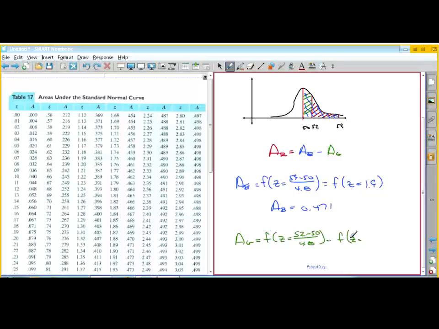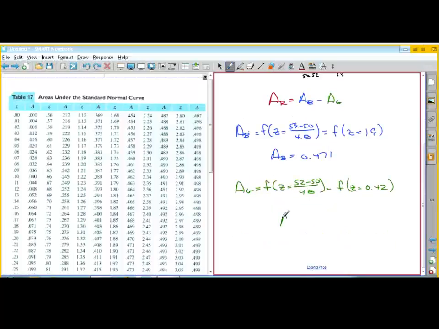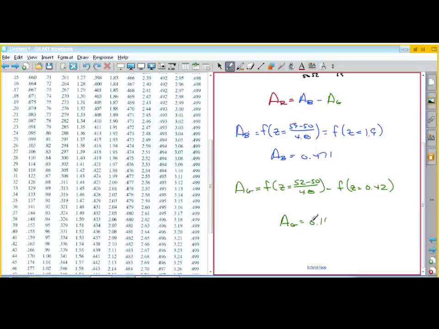So that z-score is 2 divided by 4.8, which is 0.42. So we go to the table, and at 0.42 it's 0.163.